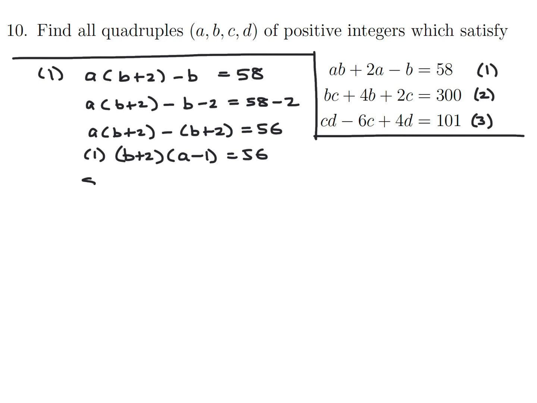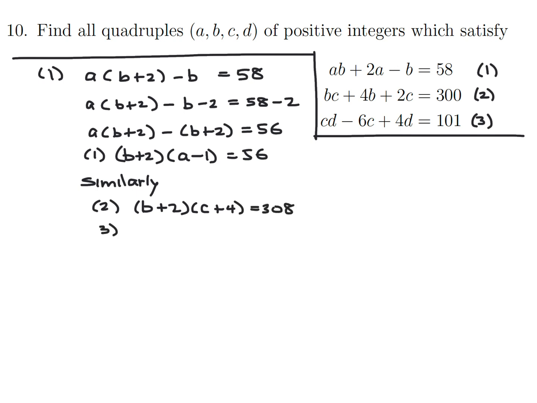In a very similar way, you can do the same kind of thing with equations 2 and 3 to factor them. Equation 2 factors to b plus 2 times c plus 4 is equal to 308.